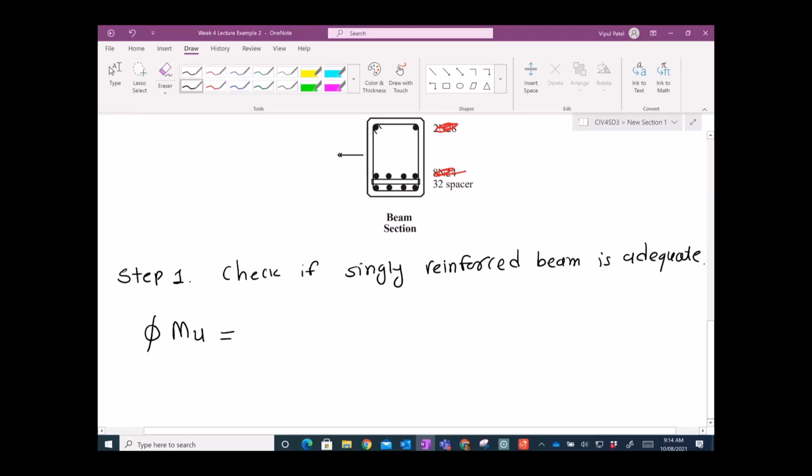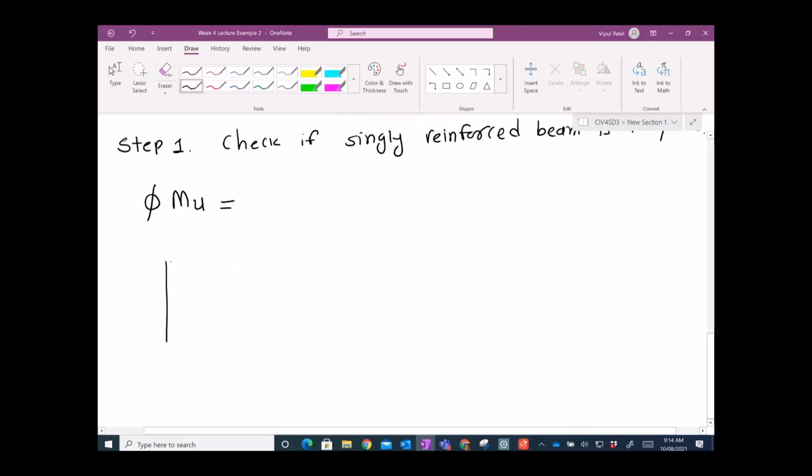If you remember the singly reinforced concept, where you have this compression force in the concrete, tension force in the steel, and let's say this is Z, the lever arm Z. Then you have this capacity that you can calculate: Mu equals tension force times Z, right?